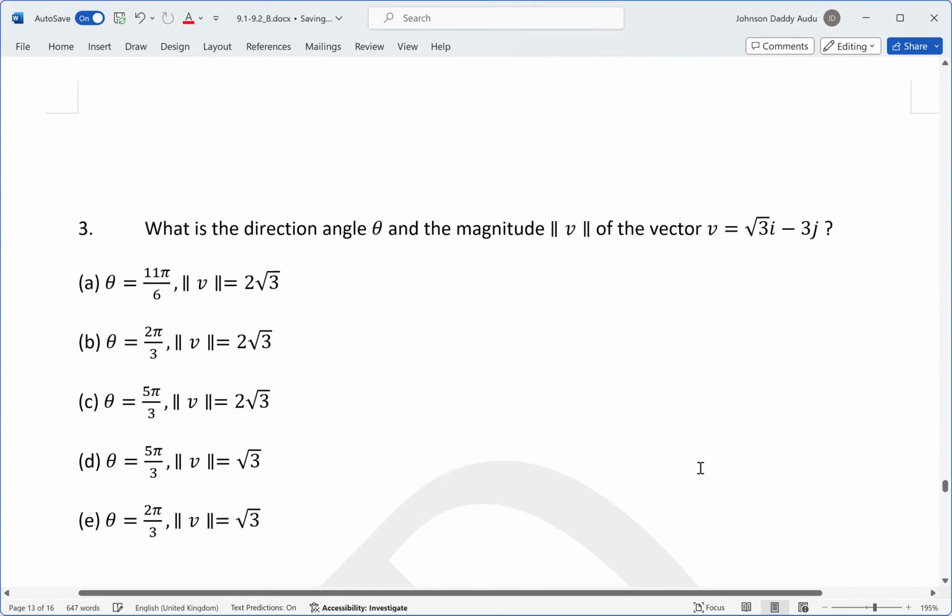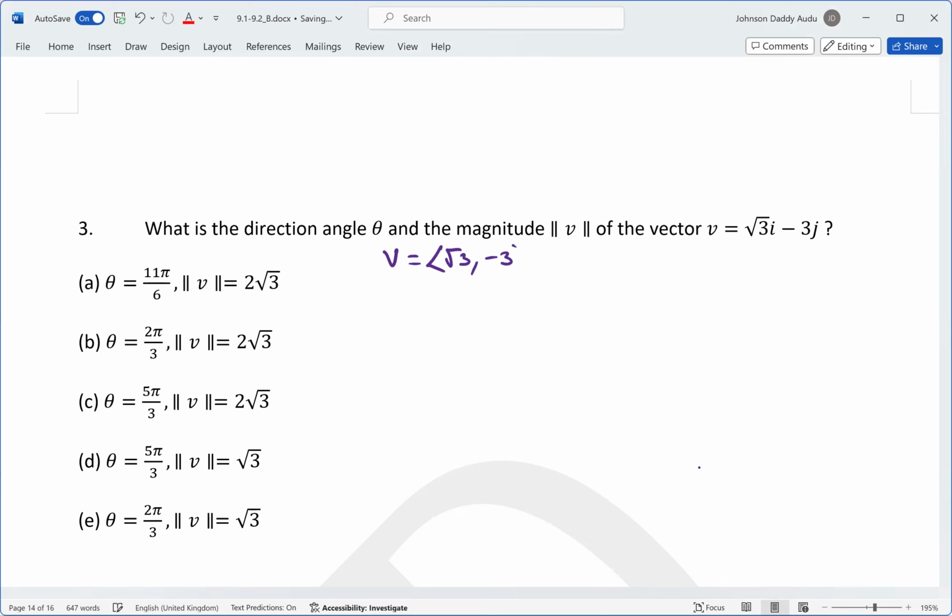Number 3 says, what is the direction theta and the magnitude of the vector? So this is just vector V, which is (√3, -3). So magnitude is the square of this plus the square of this.